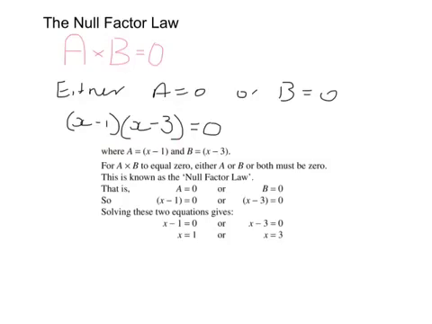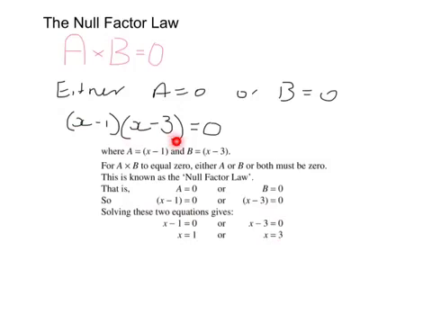Now, if you follow that logic through, if x minus 1 equals 0, then x must be equal to 1, because 1 minus 1 is 0. Alternatively, if x minus 3 equals 0, you can see that x must equal 3, because 3 minus 3 is 0.